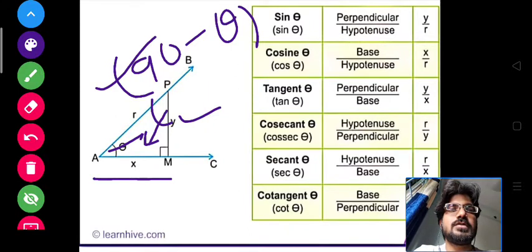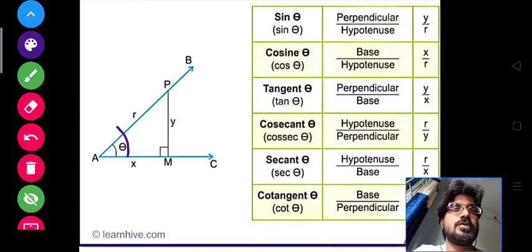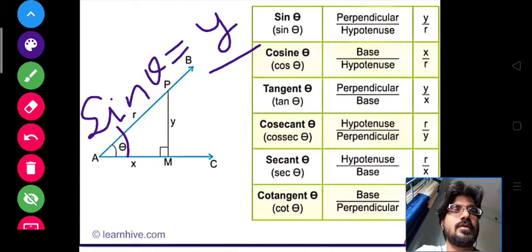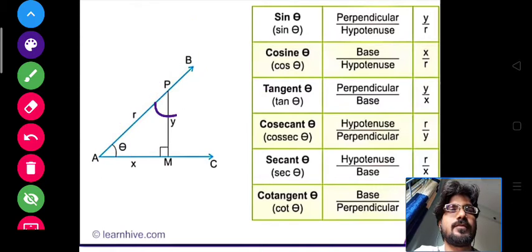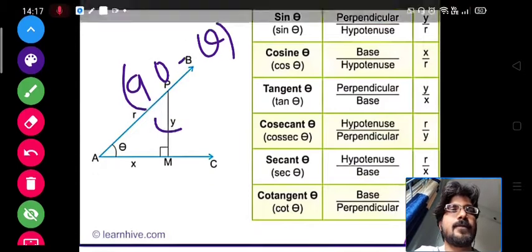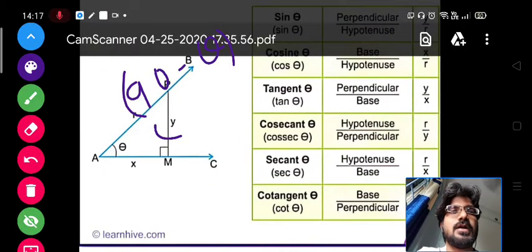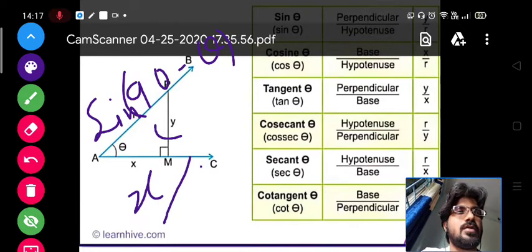For this theta, if you apply sine, sine of theta will be y by r. If you take the other angle, 90 minus theta, then sine of 90 minus theta will be x upon r.